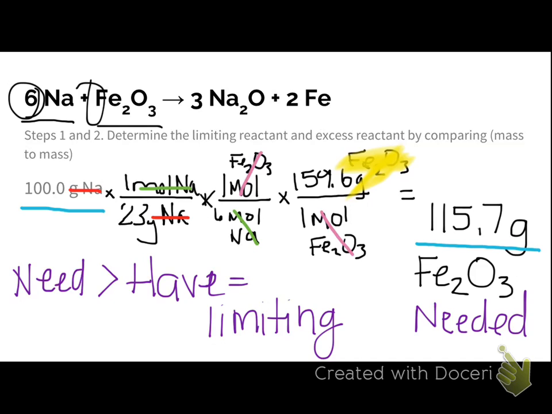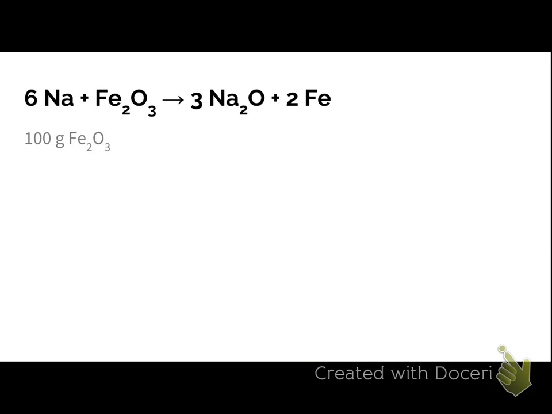Now, let's say we would have started with the 100 grams of iron. Let's do the same thing. So we're going from grams of the iron 3 oxide, and we're going to go to grams of sodium. So that was 159.6 grams.